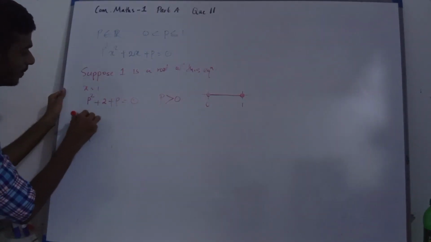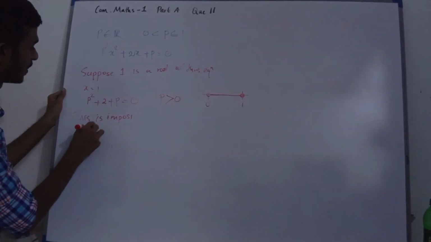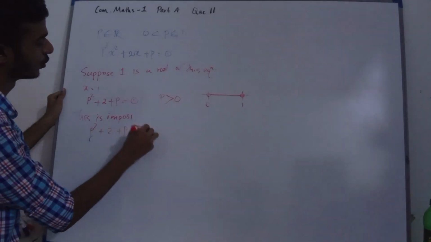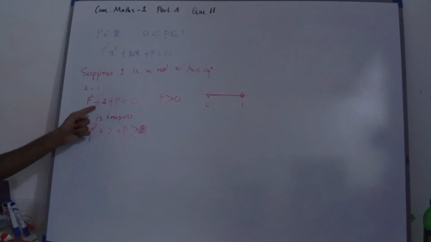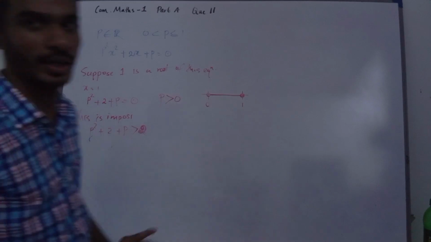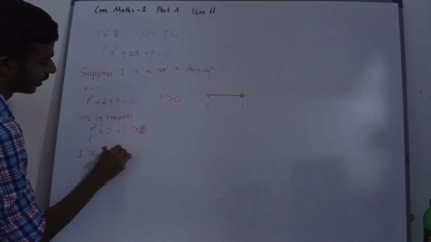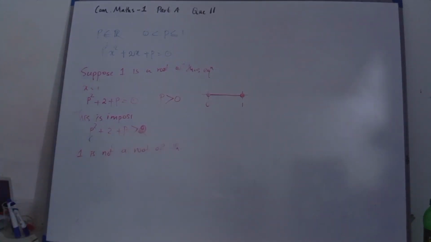So this is impossible, because p² + 2 + p should be greater than 2. Even if p is 0, it becomes 0 + 2 + 0, which is 2. But 2 is not equal to 0, and this side should be greater than 2, right? With that idea, we can tell 1 is not a root of this equation.